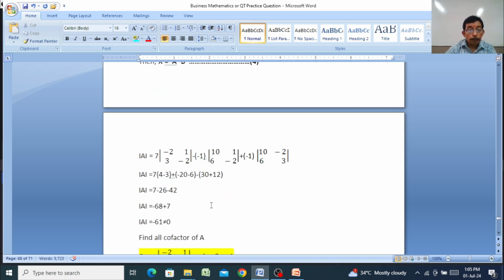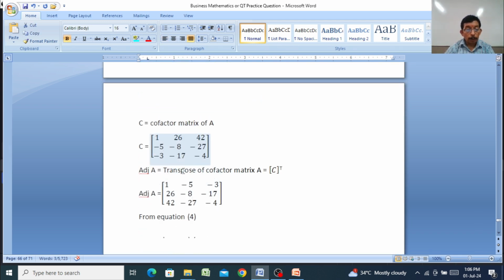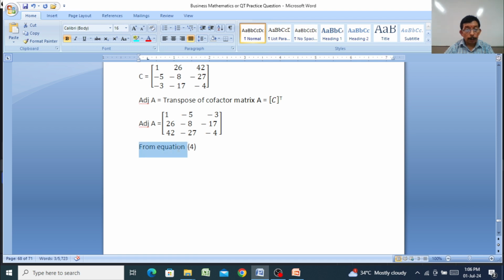Equation 4 is A x equal to B, so x is equal to A inverse B. First we find the A inverse.